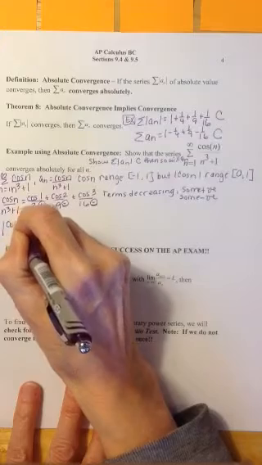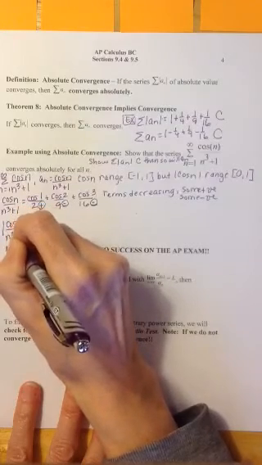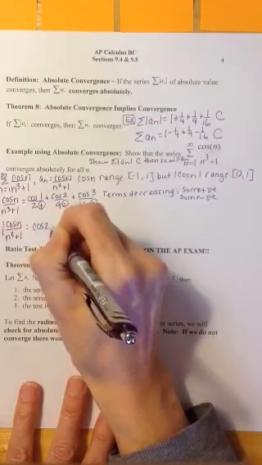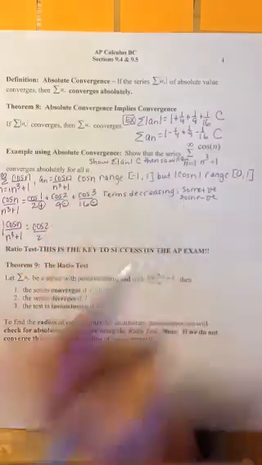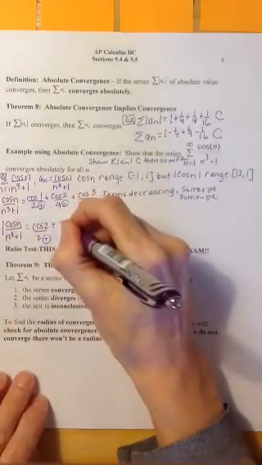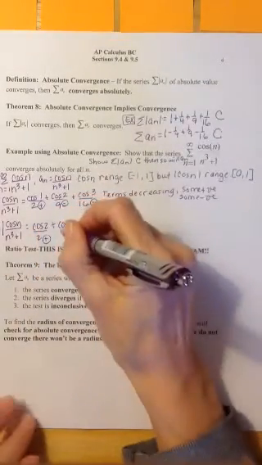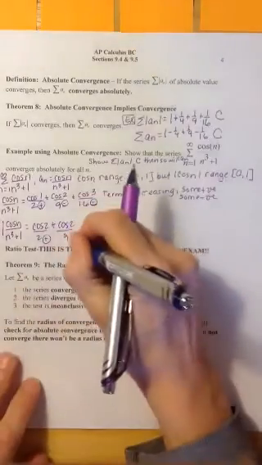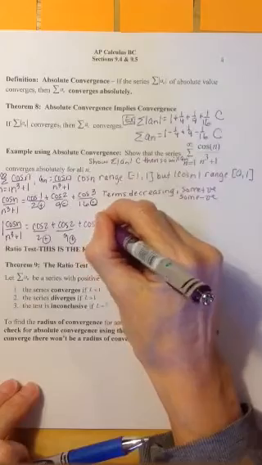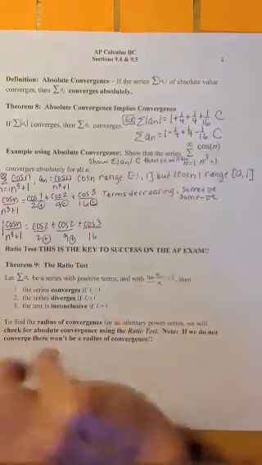So if I take the absolute value of the series, then it's the same terms, but they're all going to be positive. The terms are still going to be decreasing as we continue to add terms, but as we add terms overall, they're contributing very little to the overall sum.